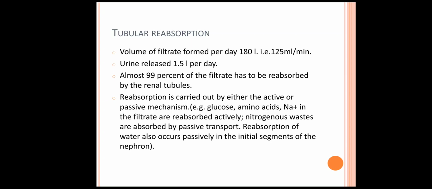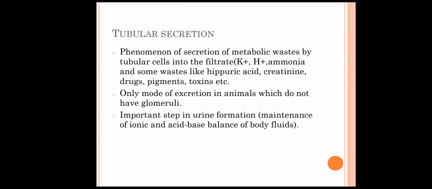So how is this reabsorption carried out? This reabsorption is carried out either through active or passive mechanisms. Usually glucose, amino acids, and sodium ions in the filtrate are reabsorbed actively, and nitrogenous wastes are absorbed by passive transport. Reabsorption of water will also take place passively in the initial segments of the nephron.